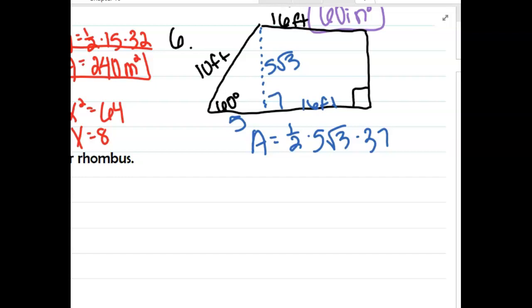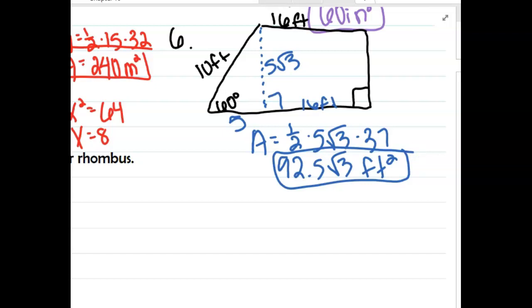This is one of the ones that I talked about how it's in simplest radical form, so this is not typically an acceptable answer because we're going to have a decimal and a radical, but that's okay. It shouldn't happen in your homework. But if you take half of 5, which is 2.5, and then multiply the outside numbers, 2.5 times 37, you should get 92.5 square roots of 3 feet squared.